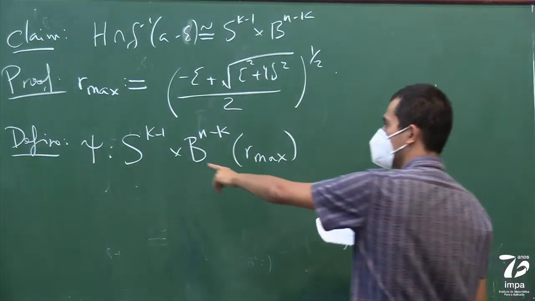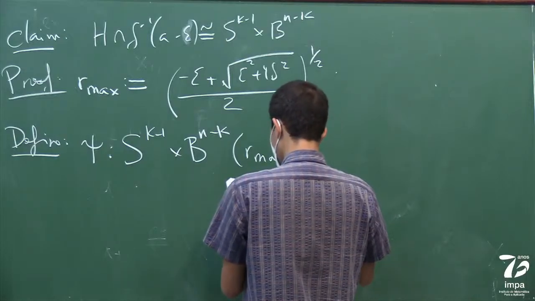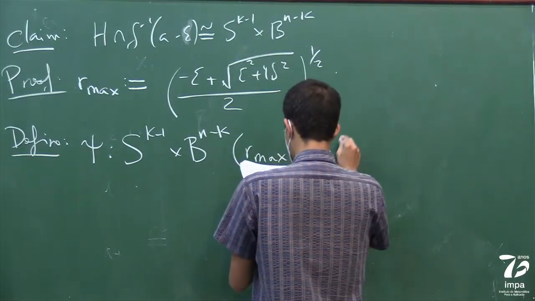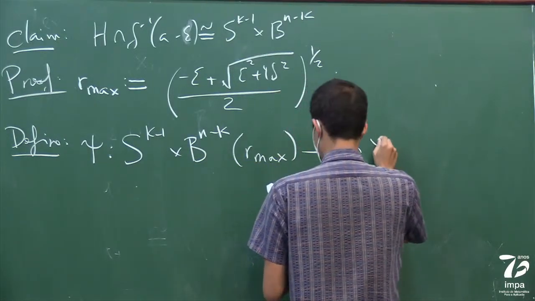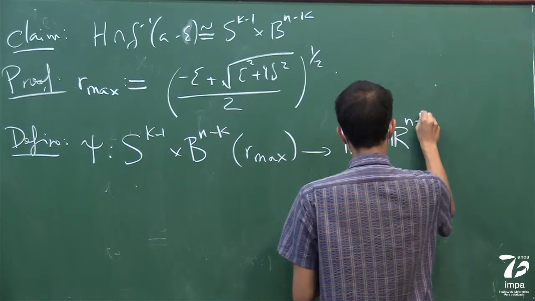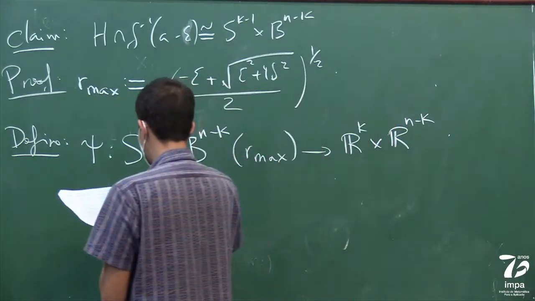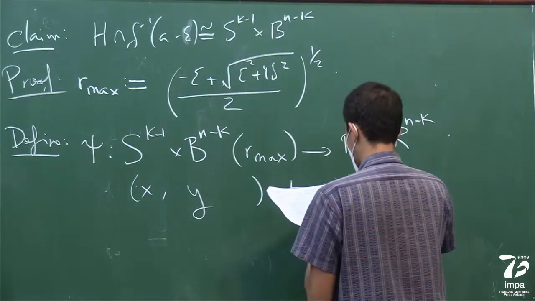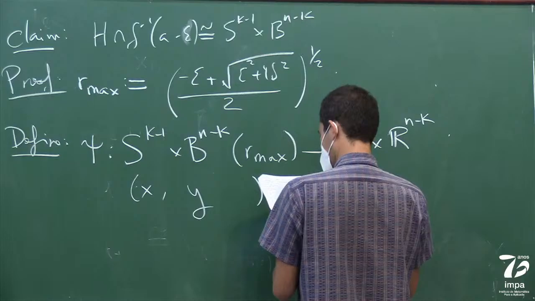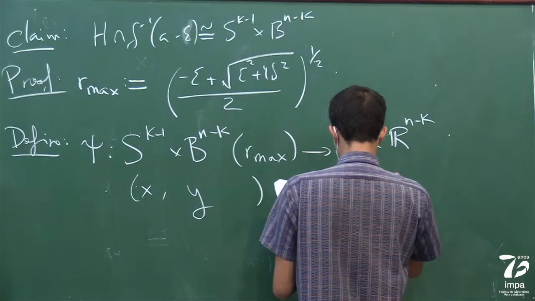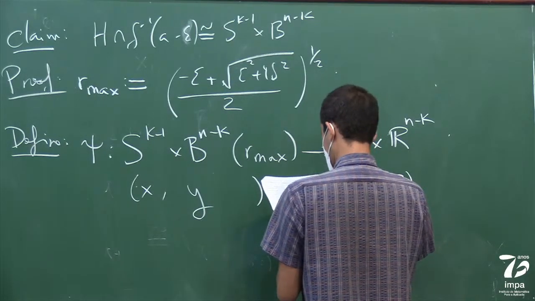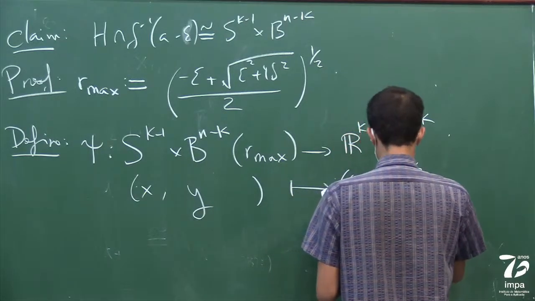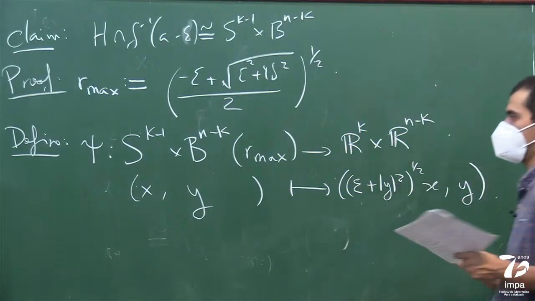Okay, so the sphere of radius 1 times this into R^k times R^(n-k), and that takes (x, y) to (epsilon plus y squared)^(1/2) times x, and then y. There we go.